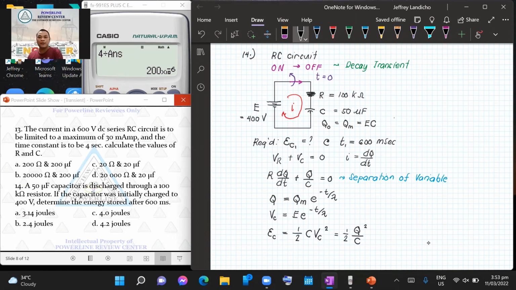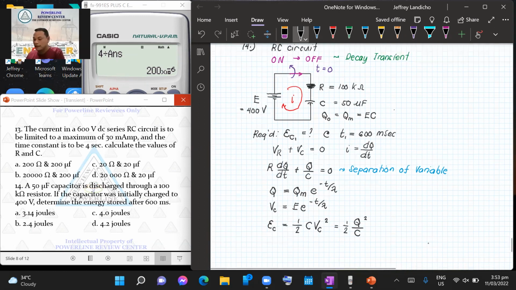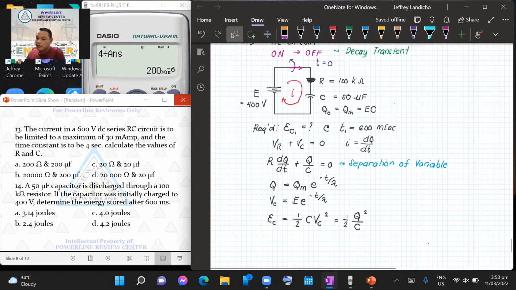So either of the two equation will do no? The same answer lang. So dito, kunin na lang natin yung voltage kasi alam na natin yung total voltage at time equal to 0 habang hindi pa natin ino-open yan, yung capacitor natin from steady state, naka-open yan. Kaya pag nagsukat ka rito, that is the source voltage.